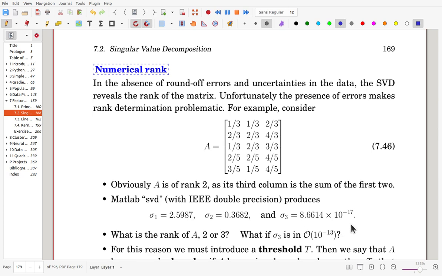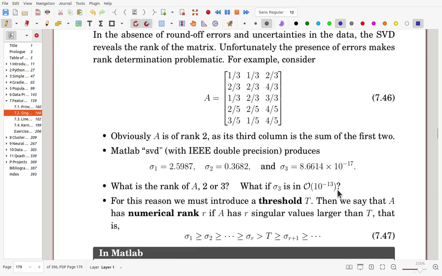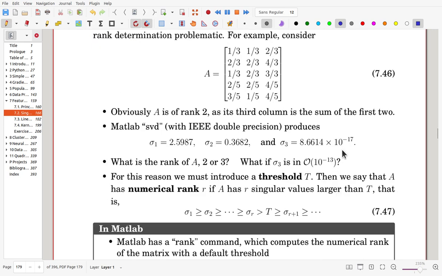In order to decide that, we need a threshold. If sigma 3 is very small, you may say the rank is 2. But what if sigma 3 is around 10 to the minus 3? Then can you say the rank is 3? We have to have some guideline for the determination of the rank.